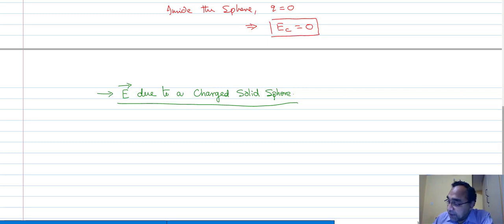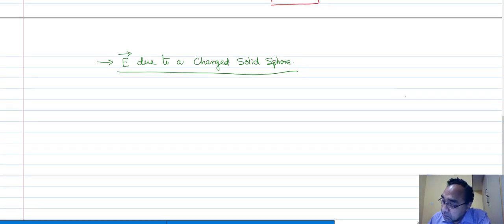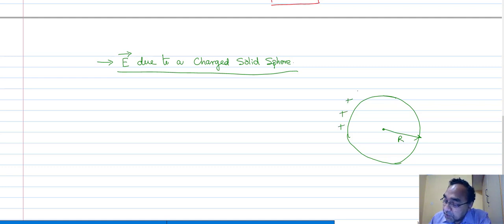So now again, we have one charged sphere, let us say the radius is R, and the charge distributed on the surface of it is Q. We have seen this kind of distribution in a hollow sphere also, similar to that.